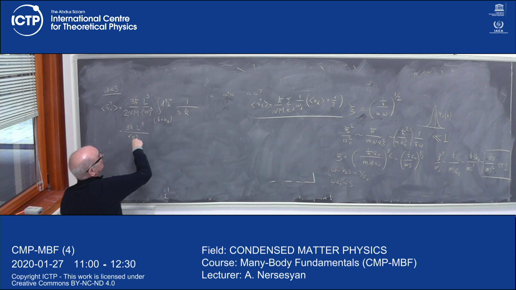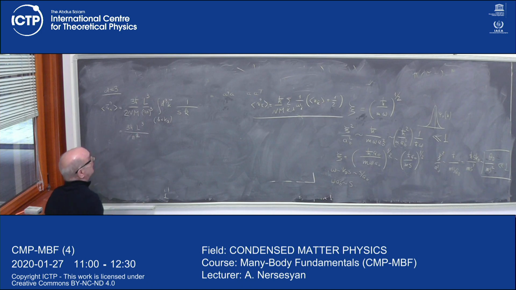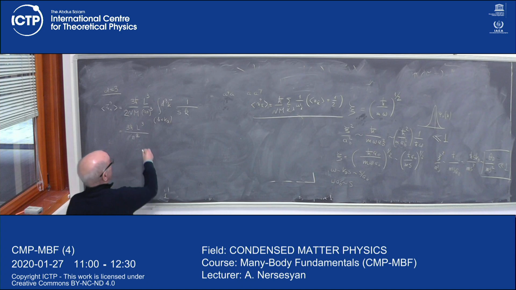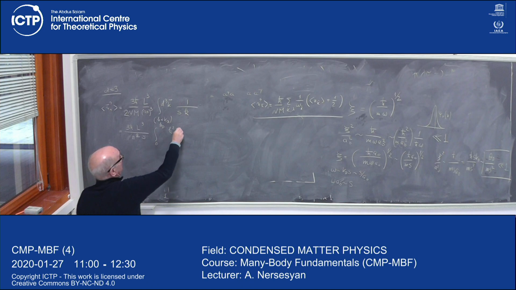And then pi to the third, and 4 pi coming out from the integration. So it should be pi squared. Correct? Correct. s comes out from here. Integral from 0 to k D, k squared dk divided by k, k dk.